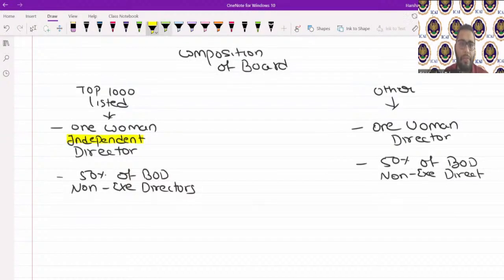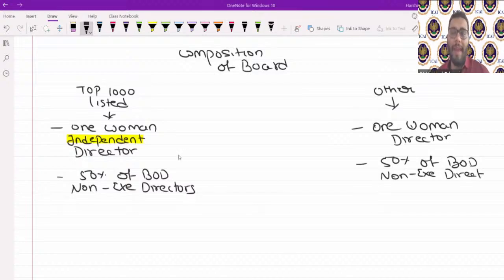In top 100 listed companies, the woman director should be independent, whereas in other companies, there should be a woman director at least, but I'm not specifying the condition of independence.